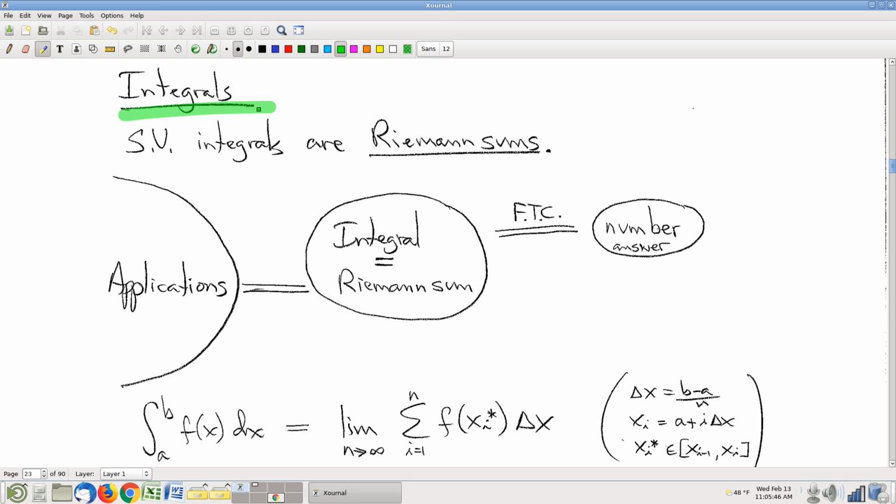Okay, next wrong answer students very often give. Integrals are defined as the area under the curve. Area under the graph, if the function's positive. Let's shorten that to the area under the curve. This is also importantly wrong.